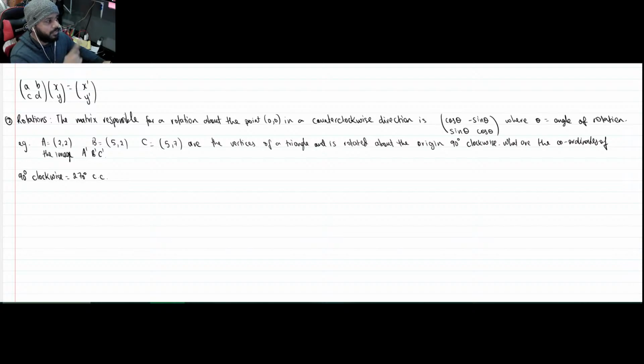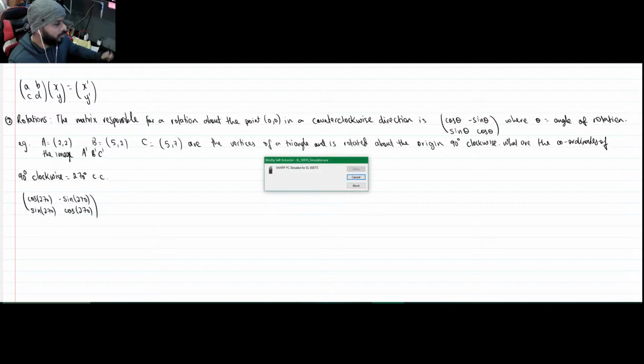The matrix is cosine theta, negative sine theta, sine theta, cosine theta, and I have my angle of rotation. So I have cosine of 270, negative sine of 270, sine of 270, cosine of 270.